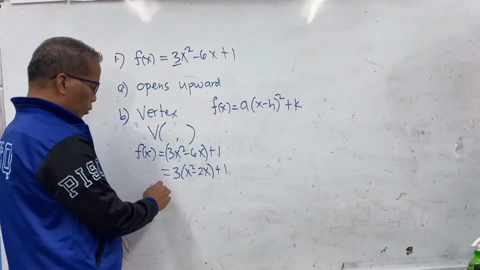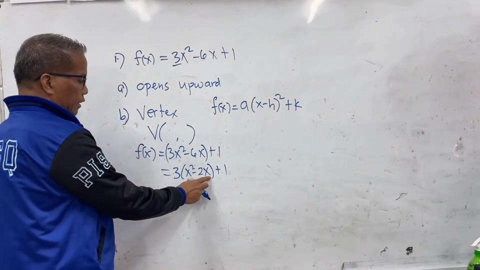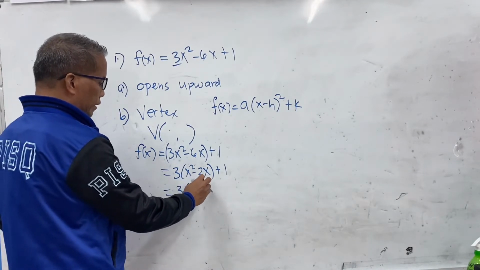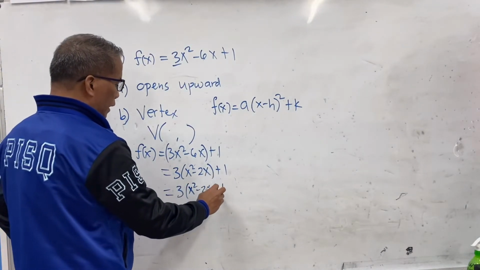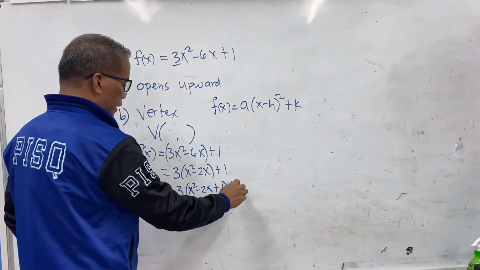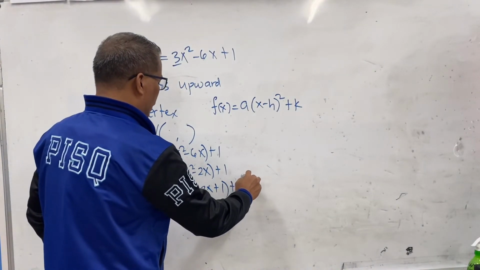Then it equals 3 times, write this as a perfect square trinomial, so we have x squared minus 2x plus 1, plus 1, then minus 3.